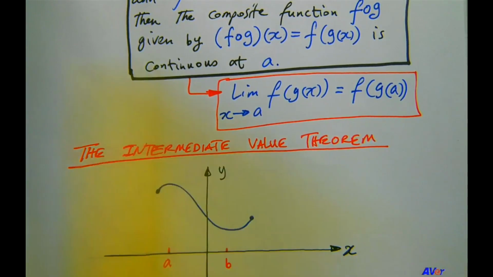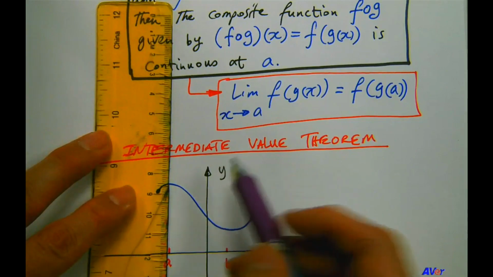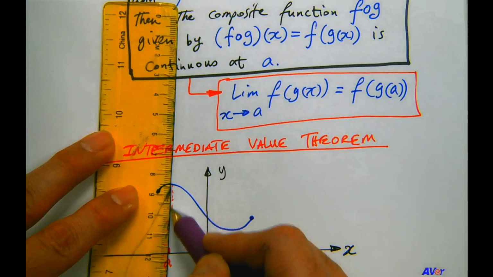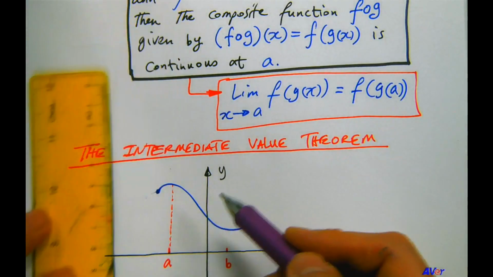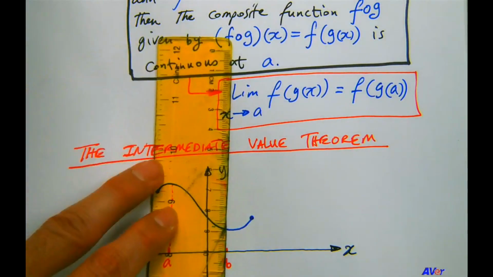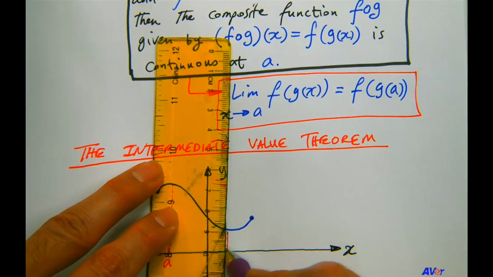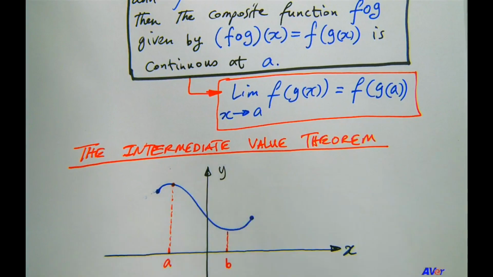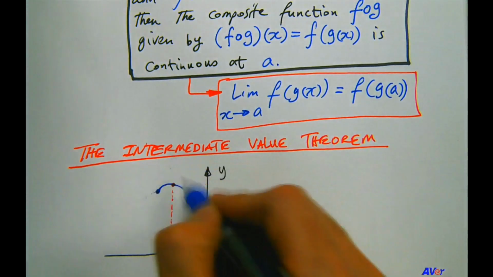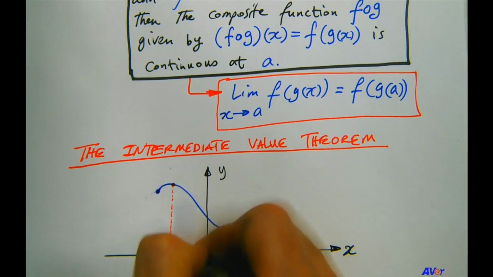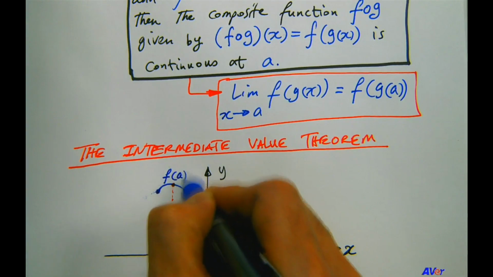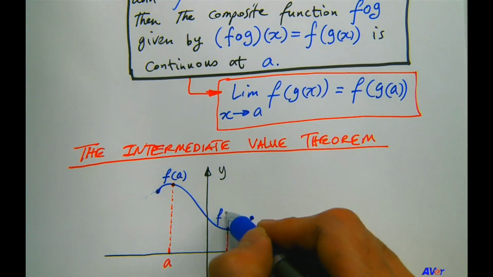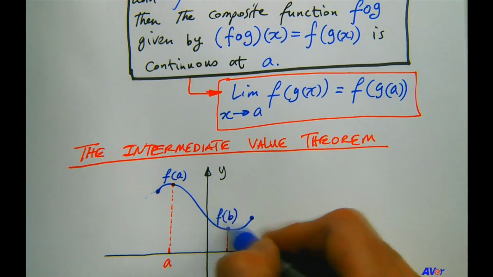And let's draw a dashed line to the curve from each of these x values, one like that, and another one like that. So basically, that point there is the value of the function at a, so f of a, and that point on the curve would be the value of the function at b.